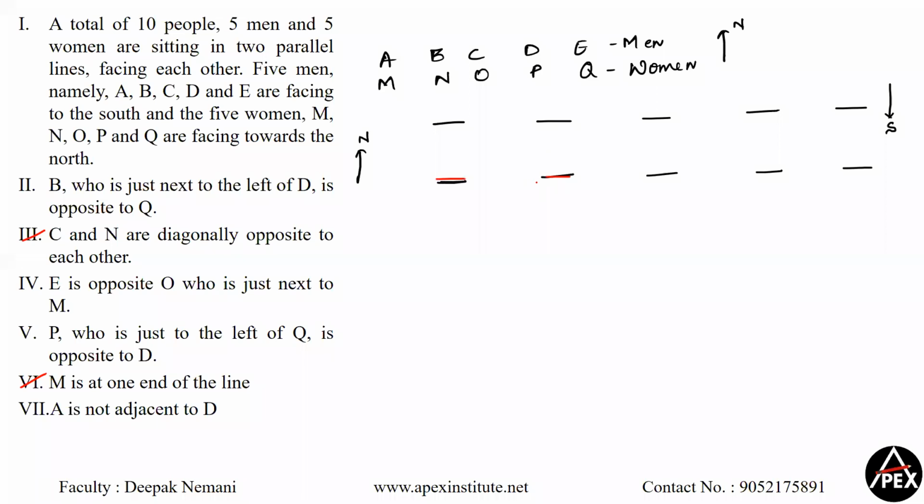So how many possible cases do we have? See, understand this. M is at one end of the line, isn't it? So we are given a definite position of M. If I consider this statement first, you will get only 2 cases, because either you can have M here or one more case.